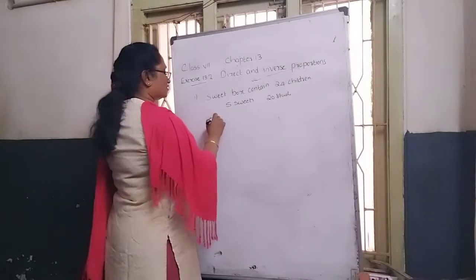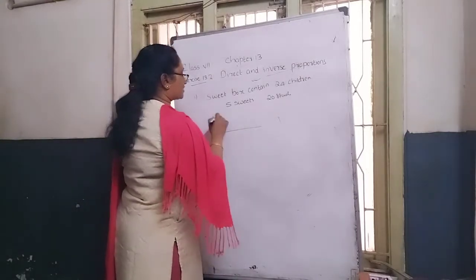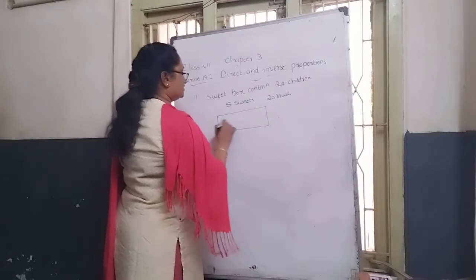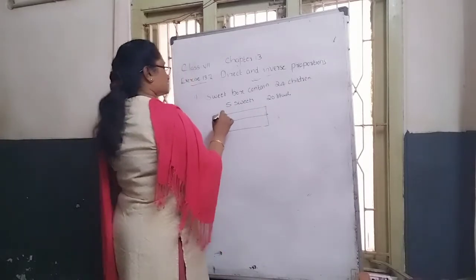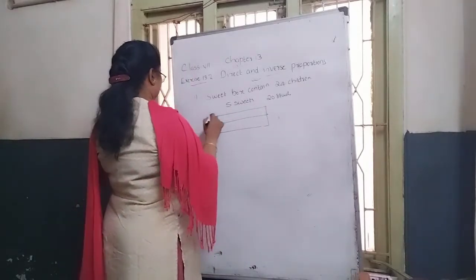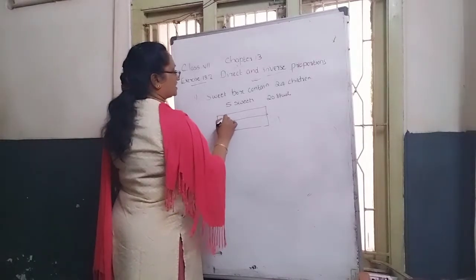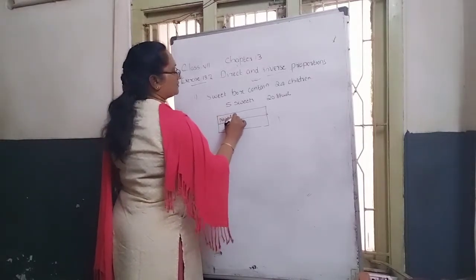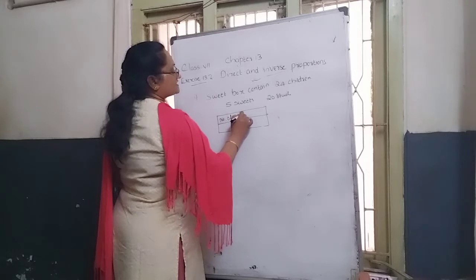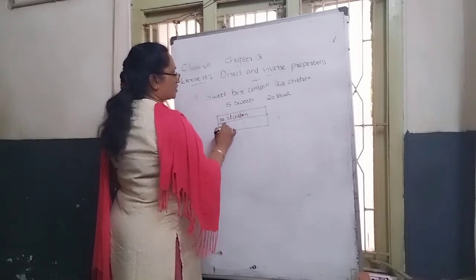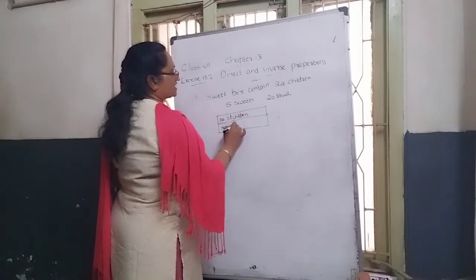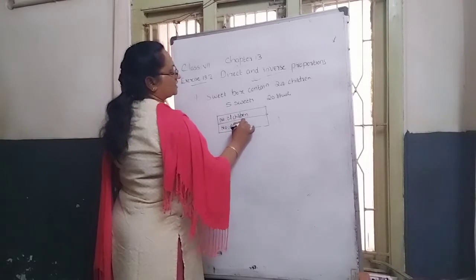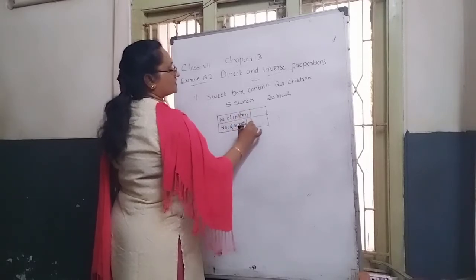So what we want to do is draw a tabular column divided into 2 columns. First column, the number of children. In the second column, the number of sweets per child.